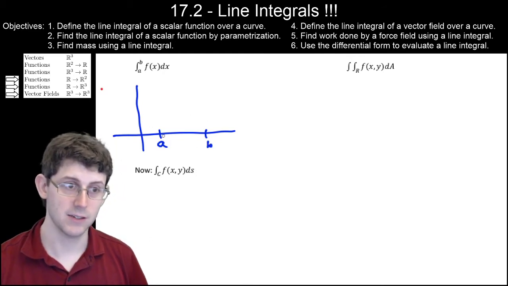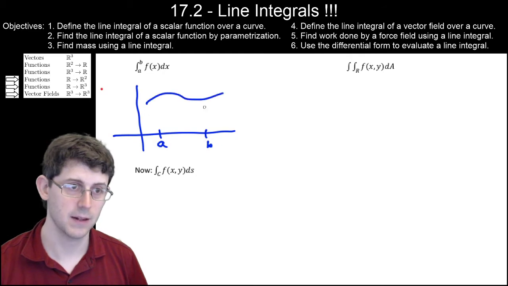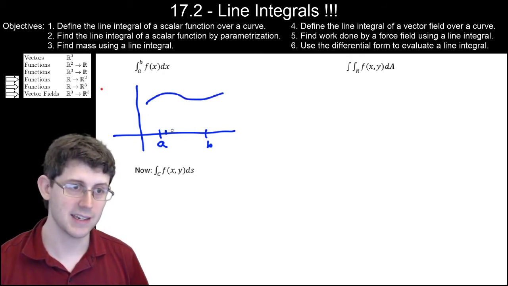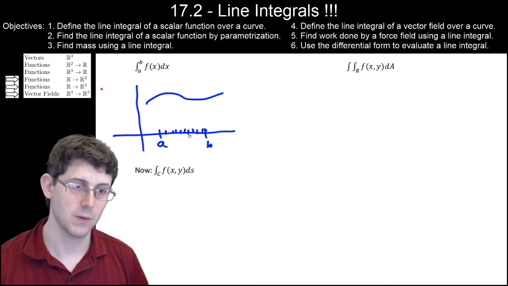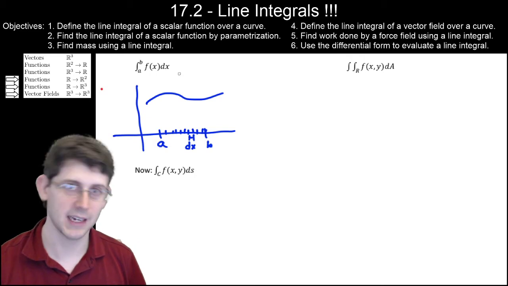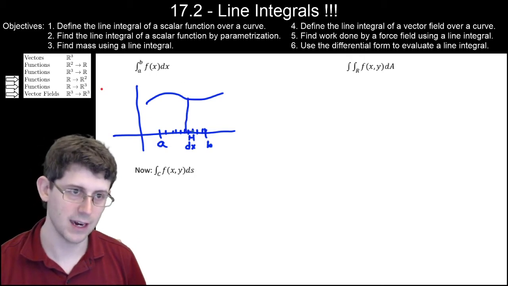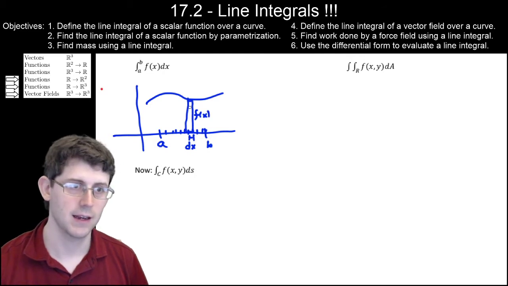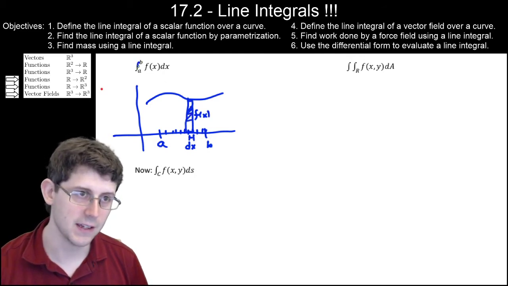You had some function up here, and you took the interval from a to b and sliced it up into really tiny pieces, which are this dx. Then you multiplied f of x times dx, and that gave you the area of this little tiny rectangle, length times width. And you add all those together, that's the integral sign.